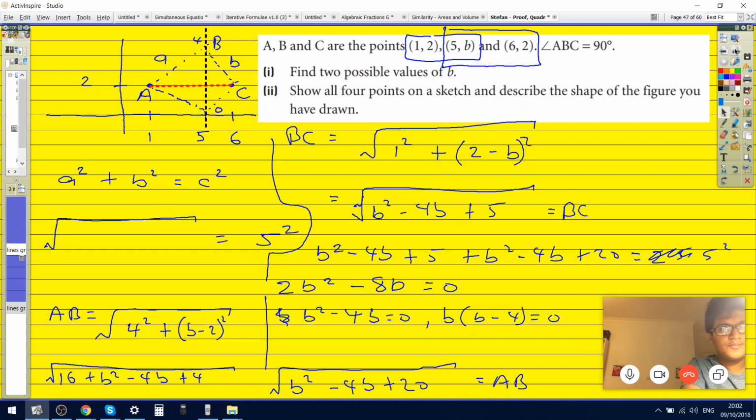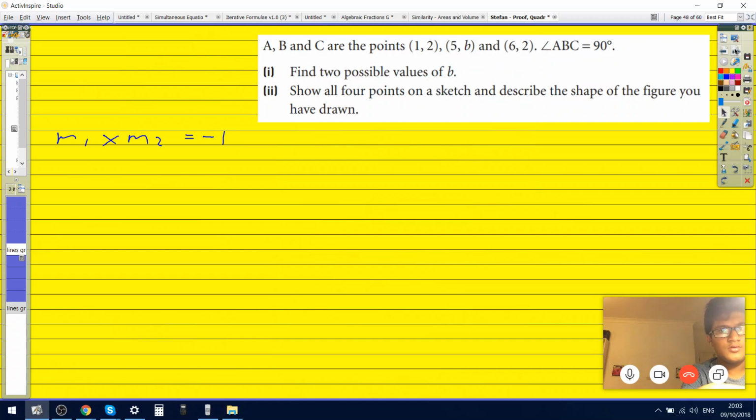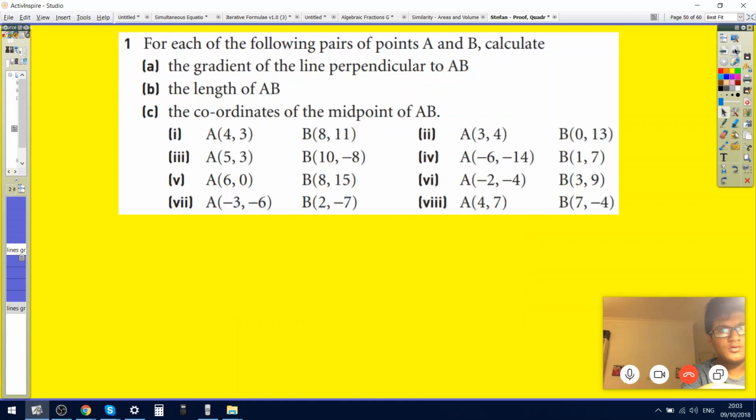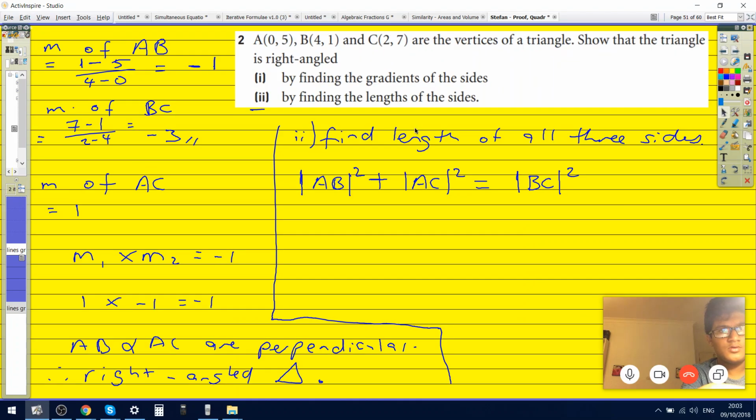We used the Pythagoras method for solving this type: find the length of AB, AC, BC, and then one squared plus other squared equals hypotenuse squared. And then the possibly easier method would be the gradient method, which is find the gradient of AB, AC, BC, and show that two of them multiply to make -1.